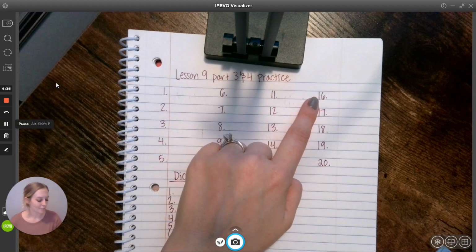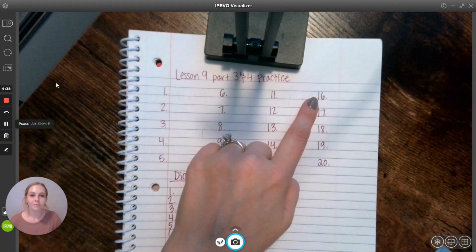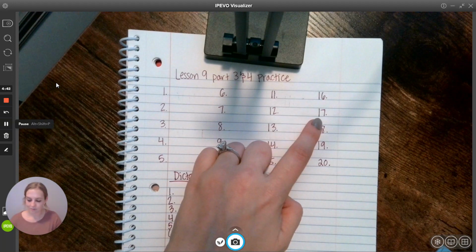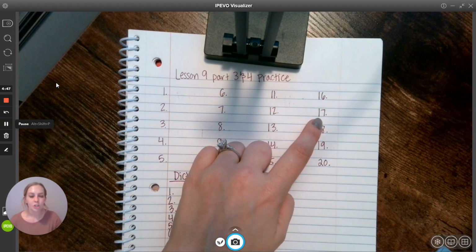Number 16, or. Number 17, sh, used only at the beginning of a word or the end of a syllable.